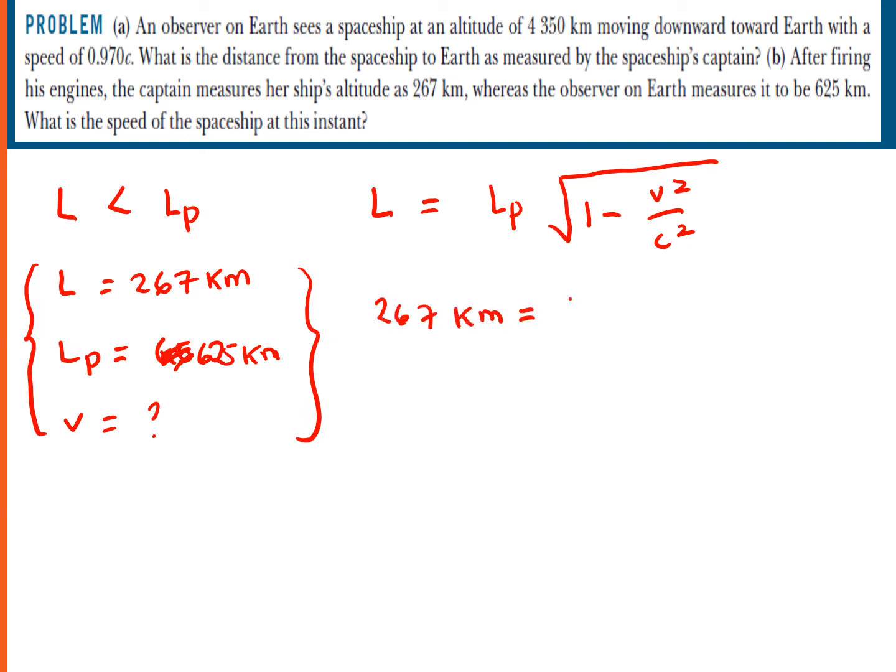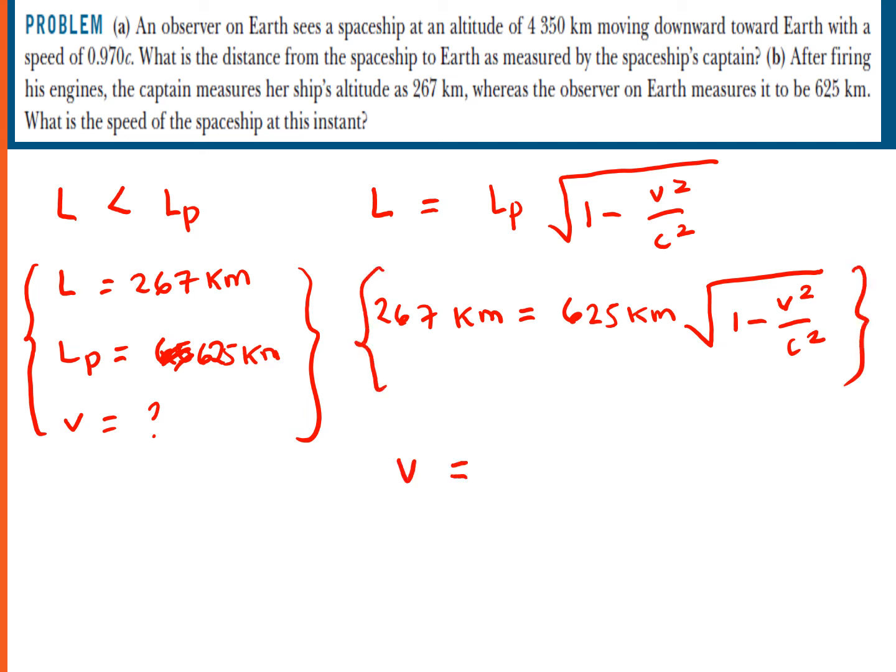Our LP, or the proper length, is 625 kilometers multiplied by the square root of 1 minus v squared over c squared. Now we could manipulate this equation to solve for v, and v should be expressed in terms of c. So doing that, we will have v is equal to 0.904 c.